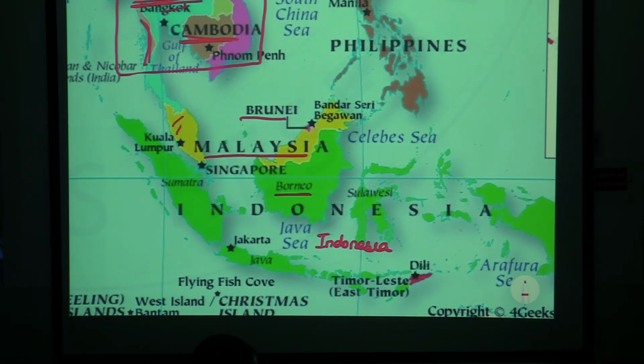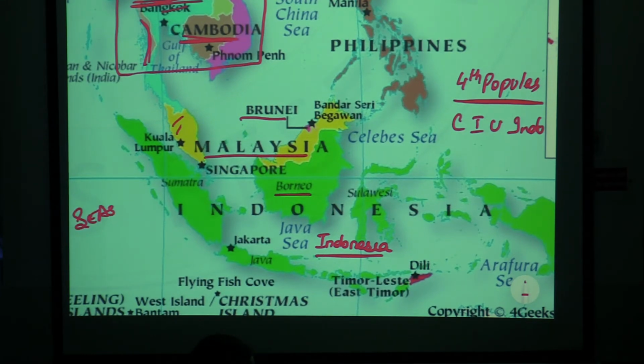And if you try to notice, Indonesia is the fourth most populous country of the world, after China, India, USA. Indonesia is the largest country of Southeast Asia, and needless to say, most populous here.